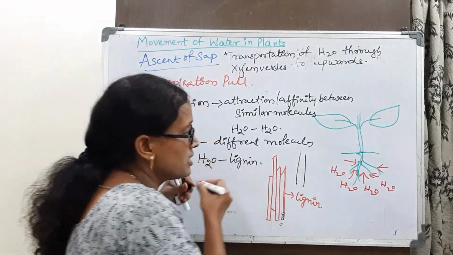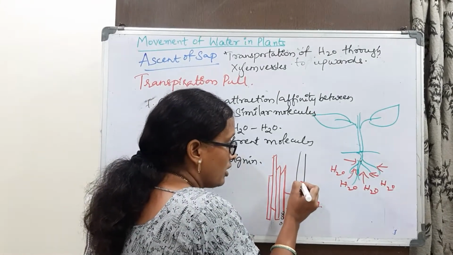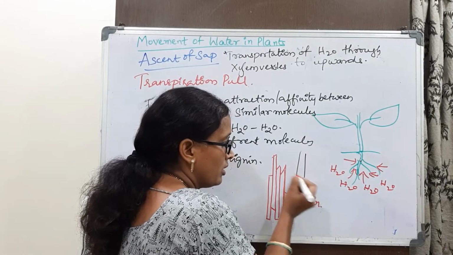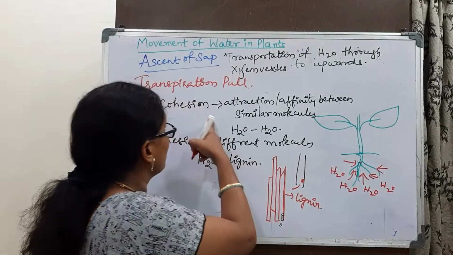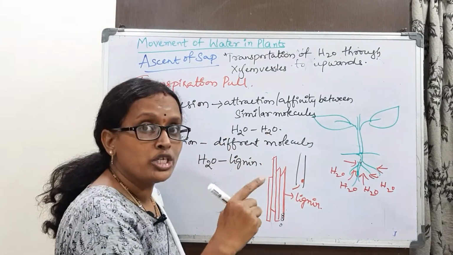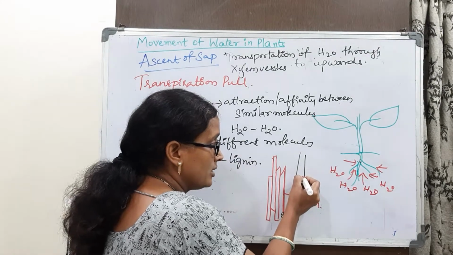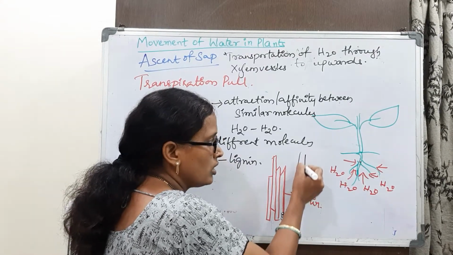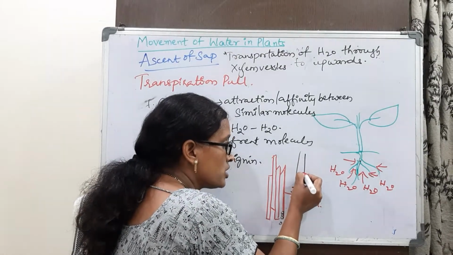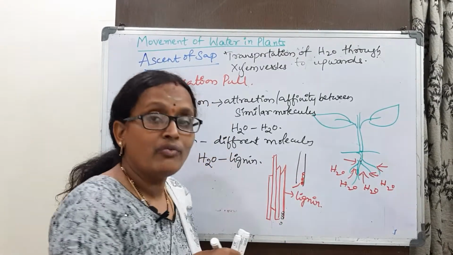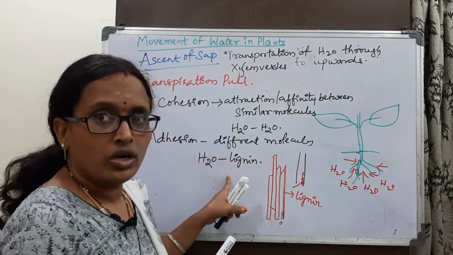So in the xylem vessels, when water enters, it will attach to the wall of the lignin. Another property of water is cohesion, so it will attract another water molecule. Like that, the tube made up of lignin, again this molecule moves here.